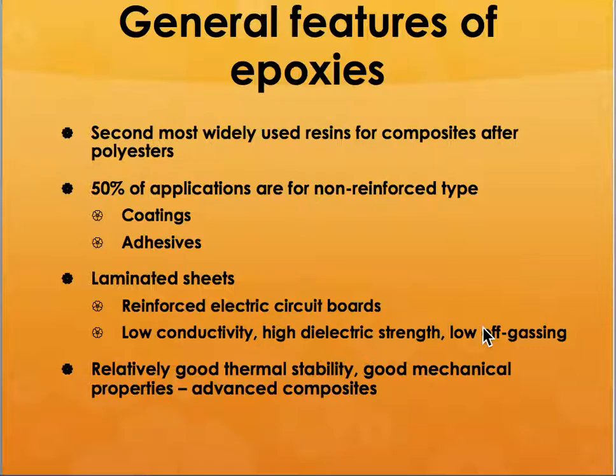But what you will also find is that there are many applications that are not exactly for composites. They are for non-reinforced types, such as coatings and adhesives, or laminated sheets, or circuit boards or something that needs very high dielectric strength, low off-gassing, etc. But of course, not all epoxies are good for something like a space application.